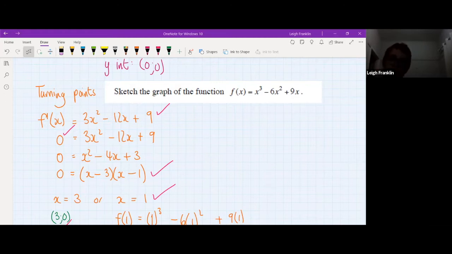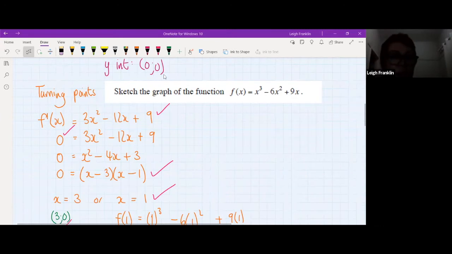Yes, Michelle. Okay, you've got it. All right, perfect. How did you know that, Michelle? A is positive, quite right. Okay, so Belinda, it's going to be concave down first, and then concave up.